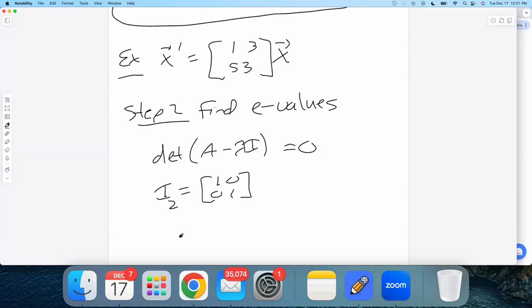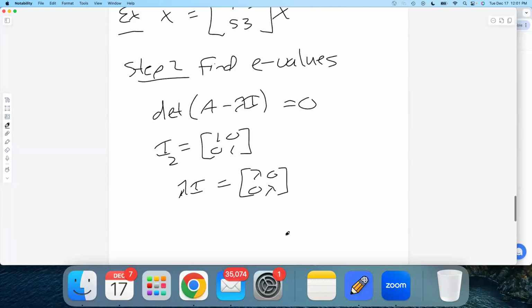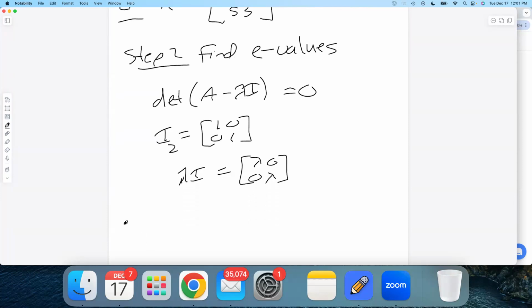So when I do lambda I, that's just lambda along the main diagonal and 0 everywhere else. So A minus lambda I always just means rewrite A, but subtract lambda along the main diagonal.